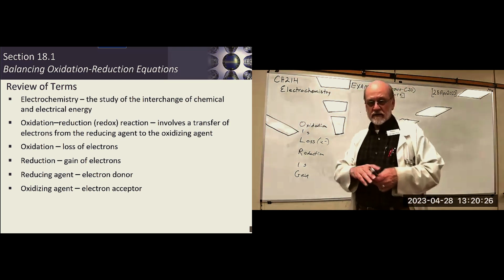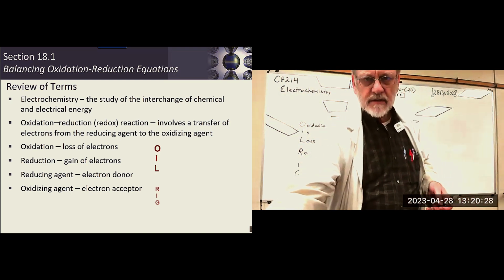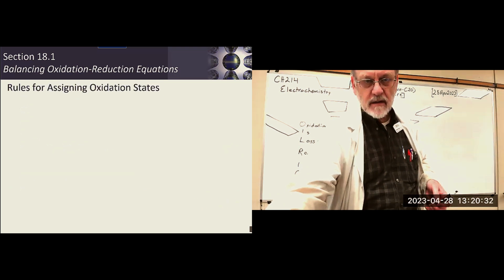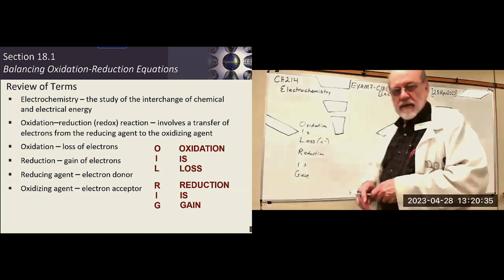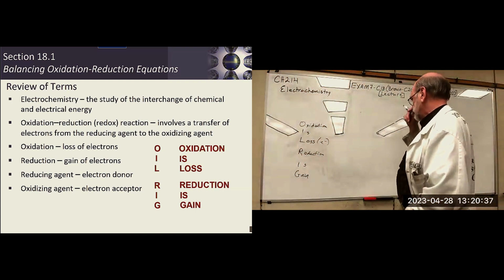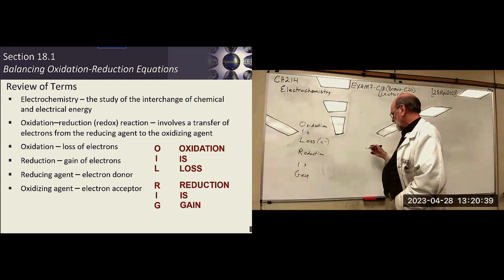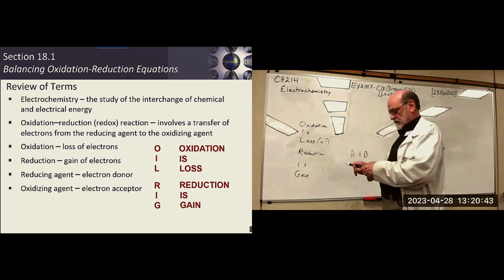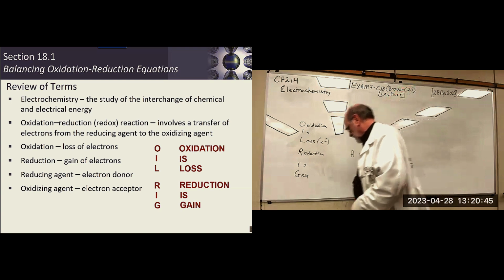And in that respect, let me go to the, let's see, there's the oil rig. Okay, let's say we have, let's just make it generic. And let's get another marker.